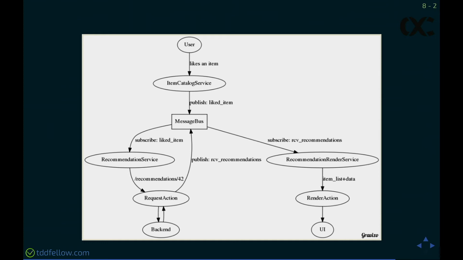It goes to the message bus. Then this goes to the recommendation service, which uses a request action to generate a request and get the response from your backend, and will publish the result to the receive recommendations topic. And then there is another service that subscribes to the receive recommendations topic and actually uses the render action to render that list with the data.